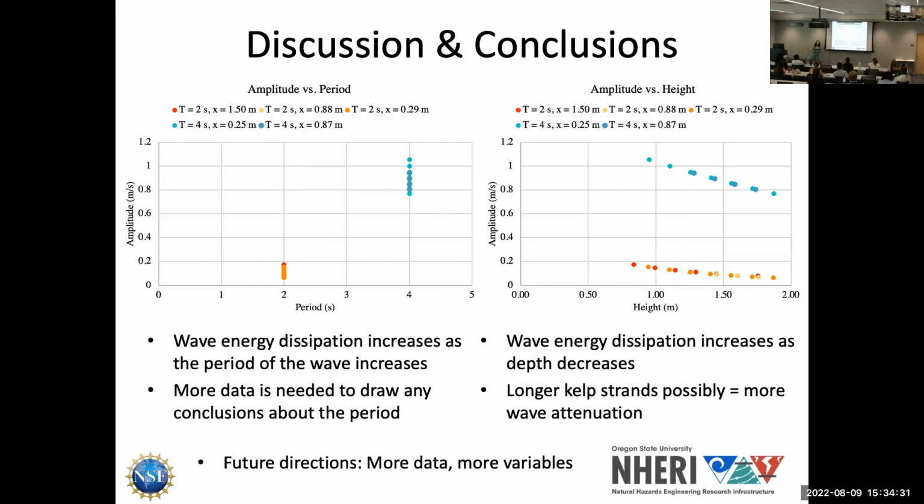My favorite graph is amplitude versus height. This shows a negative correlation between the height of the ball in the tank and wave energy dissipation, which means more energy was being dissipated at the bottom of the kelp strands. That has a very obvious design implication: longer kelp should probably equal more overall wave energy dissipation, though more is needed to confirm that.